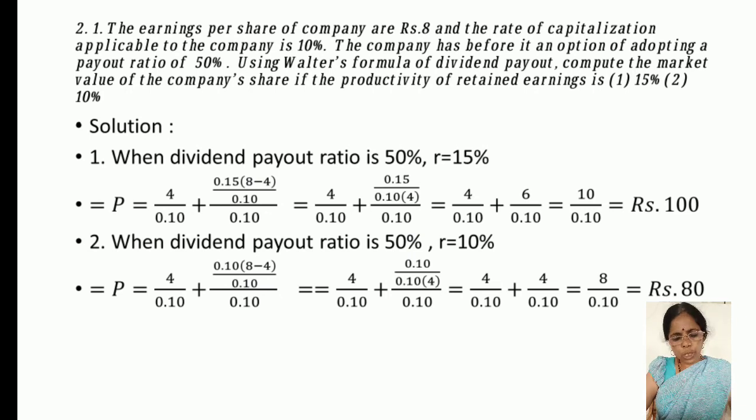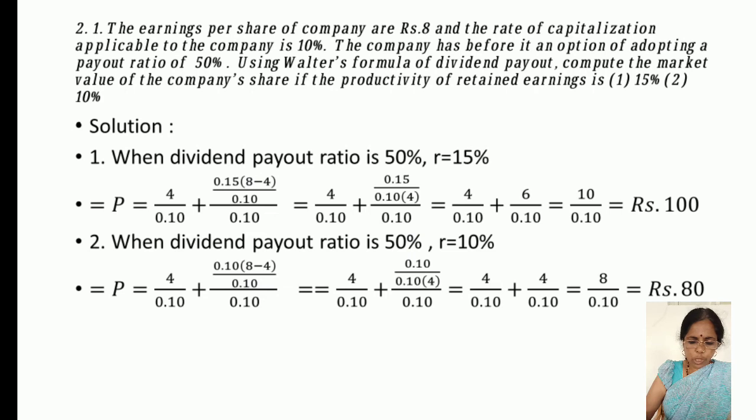Again substitution in the formula as I told you in the first problem: P is equal to D divided by KE plus R into E minus D divided by KE. P is equal to market price per share, D is equal to dividend per share, R is equal to internal rate of return or productivity of retained earnings, E is equal to earnings per share, KE is equal to cost of capital.